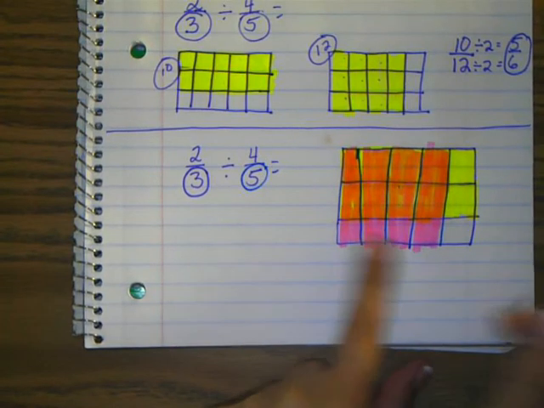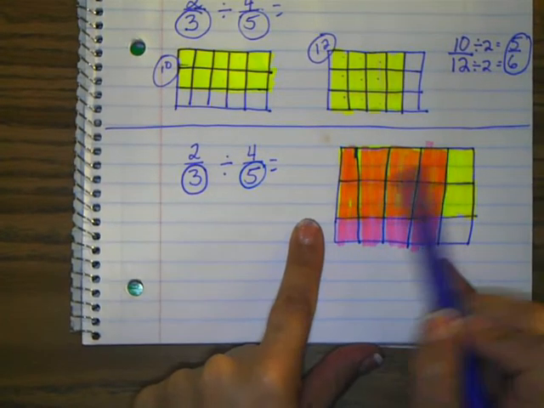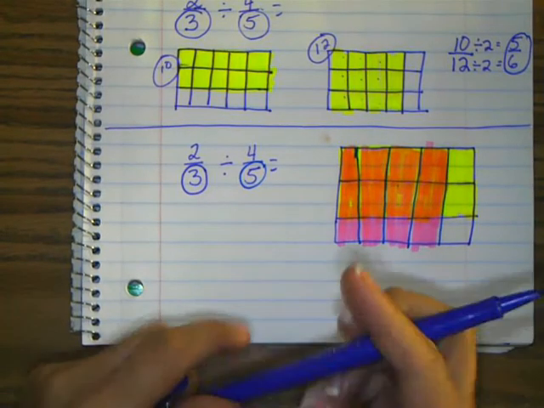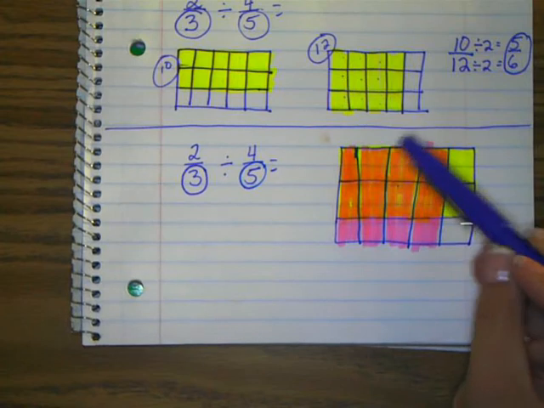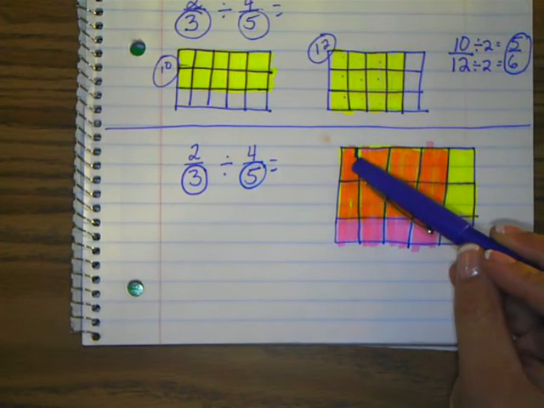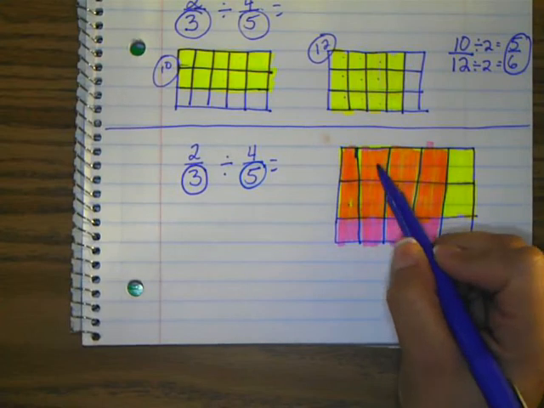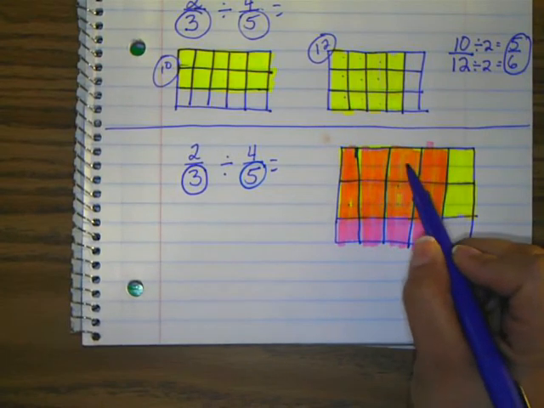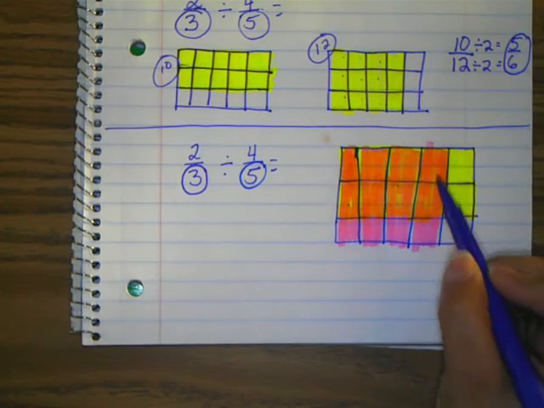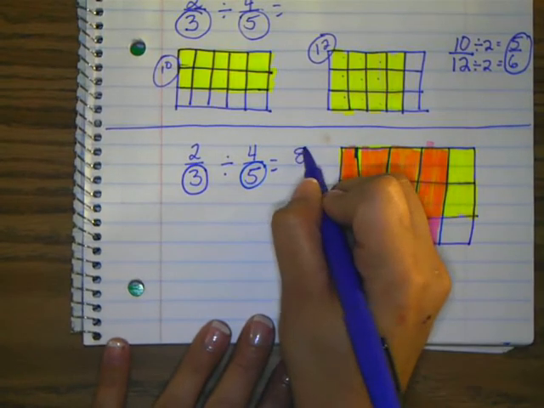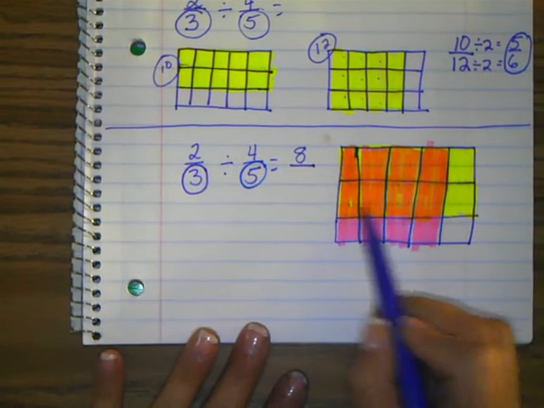Yeah. Okay, then, now this is the trick. So now you guys can see, because I used yellow and pink, the orange area is where they overlap. So I'm going to count the squares where they overlap. So I have 1, 2, 3, 4, 5, 6, 7, 8.